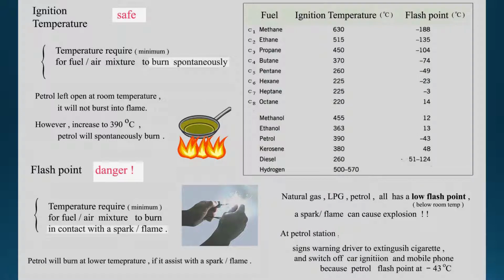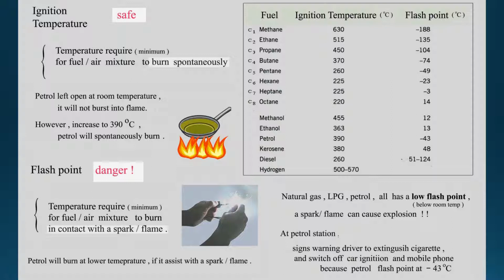So ignition temperature is pretty safe. Petrol does not self-burn and catch fire just by getting hotter and hotter. No, petrol being hot would not cause it to catch fire. But the bottom one, flash point: when the petrol touches a spark or a tiny flame, it will cause fire and even explosion.